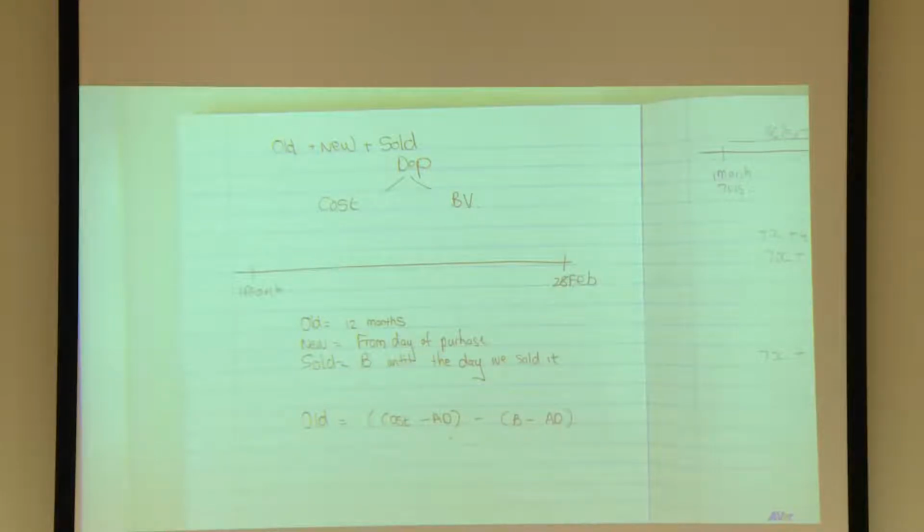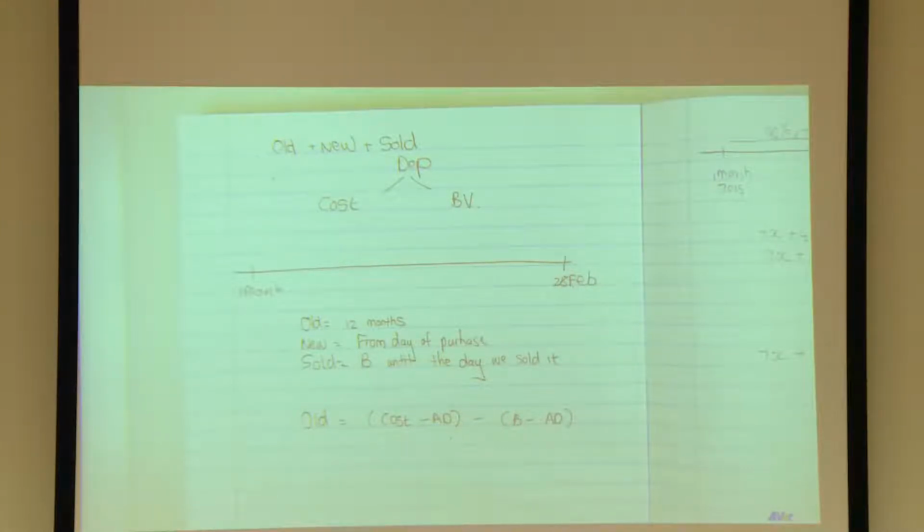But if we're using book value, we need to also look at what is the accumulated depreciation without the asset that we sold? And what is the biggest reason for this? Because we've already calculated on the asset which we sold. We can't include it again, otherwise I'm going to add it twice.